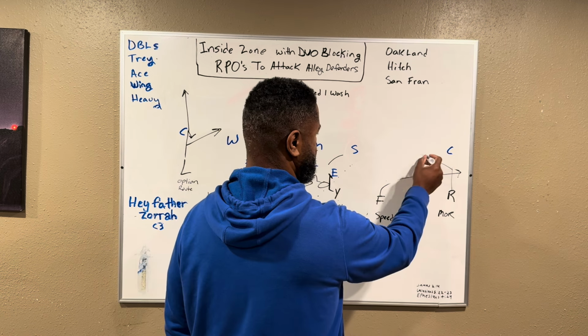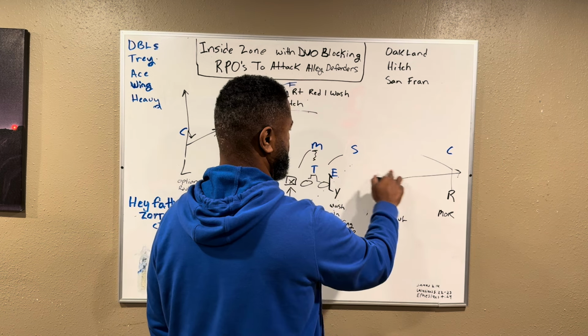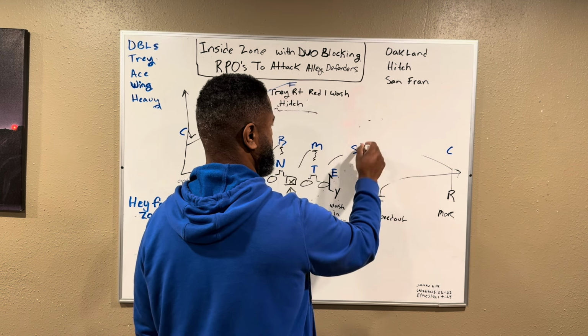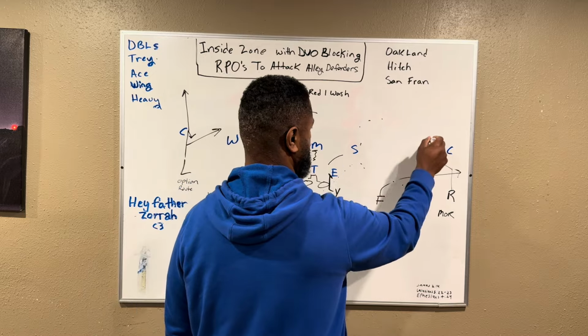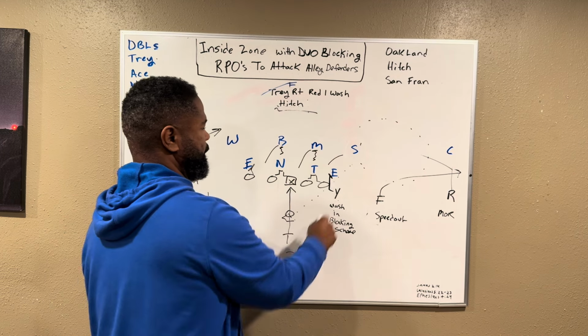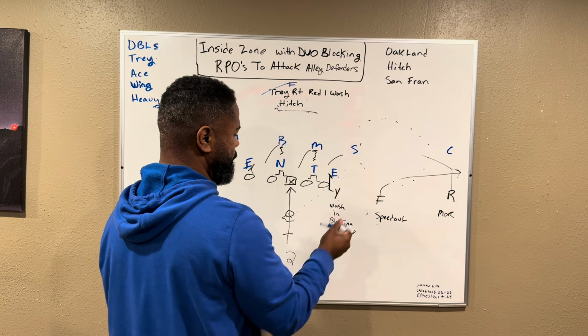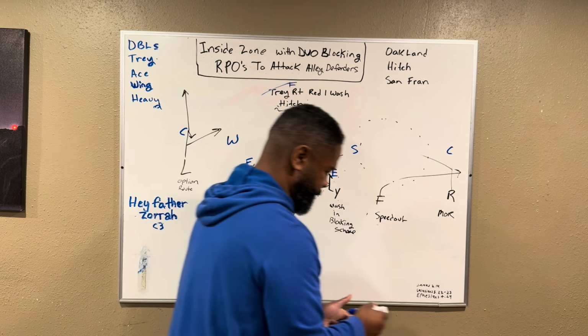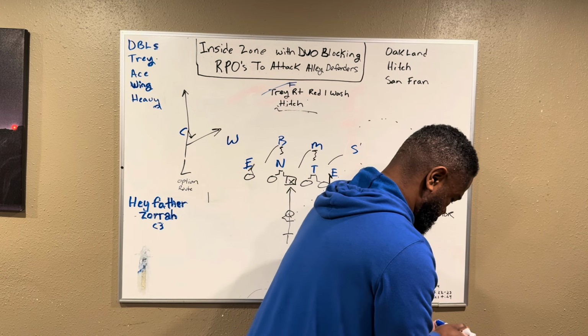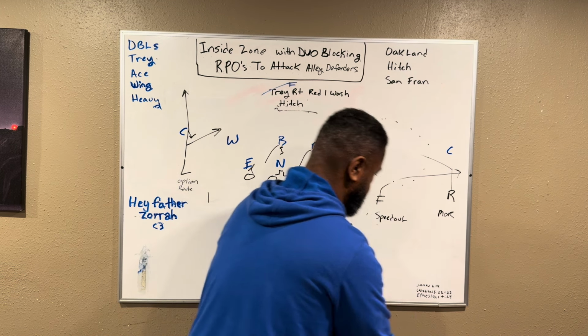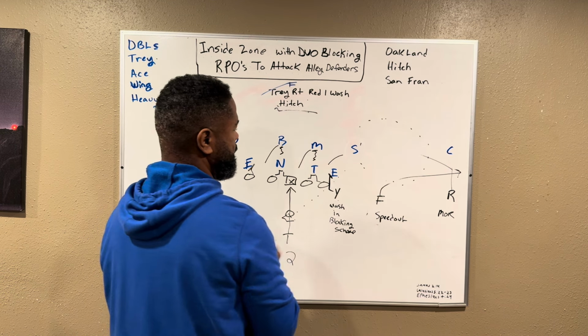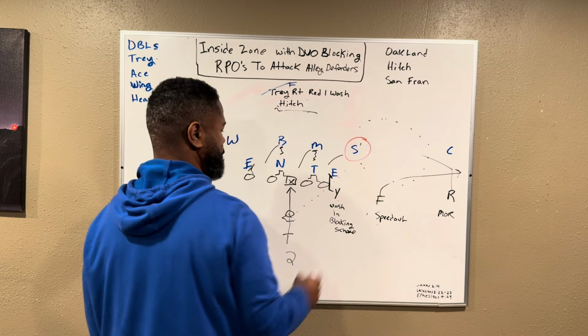All the same concepts still work. We're reading this space. In this case, he would be the logical flat defender here. So we would tell the quarterback, whoever's responsible for the flat, the closest defender to this space, that is your read key. So you're going to read him.